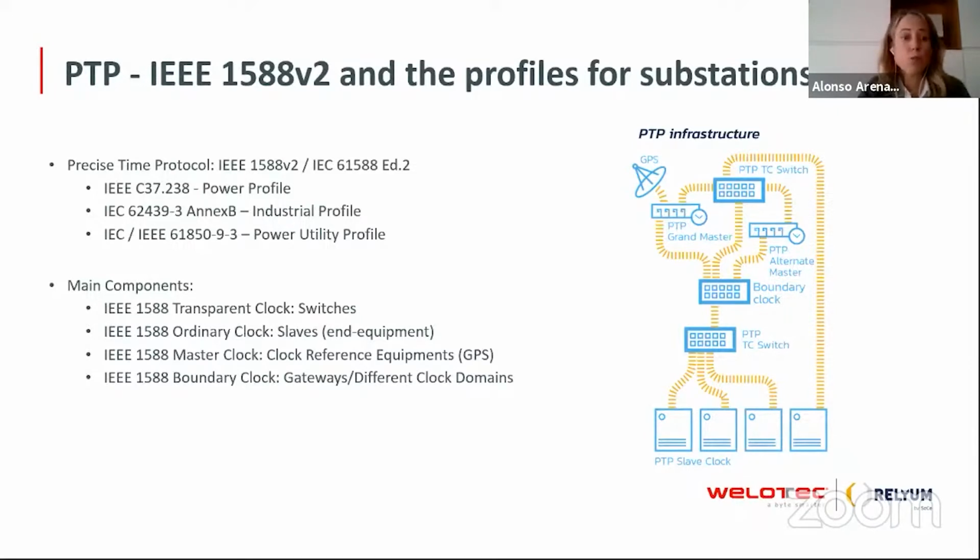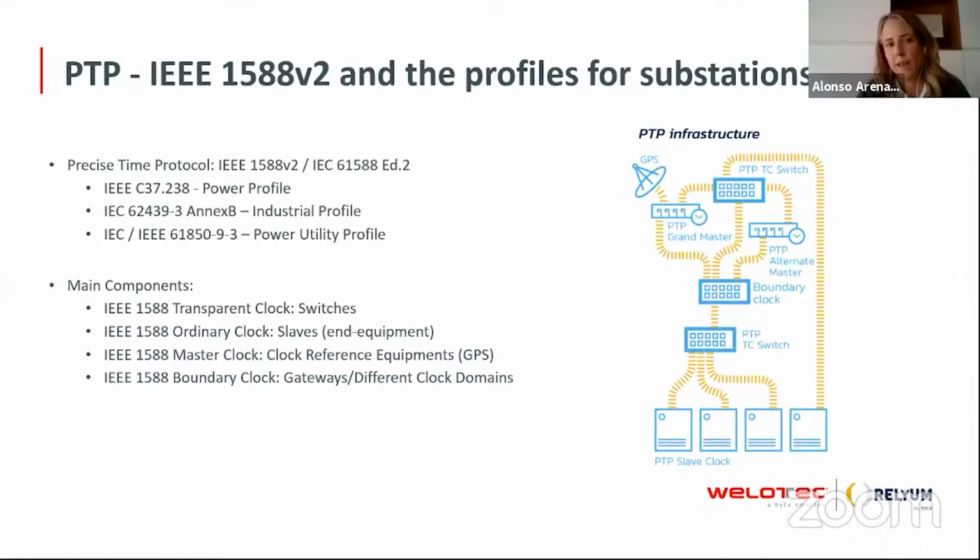We have one or two master clocks in the network, sometimes more than one for redundancy. And these devices take the reference from a GPS receiver and transmit this reference through the network.